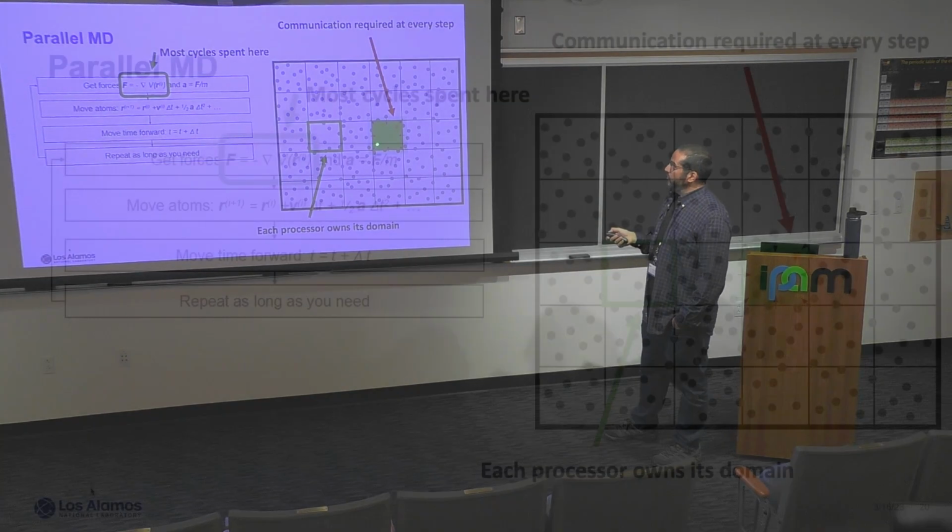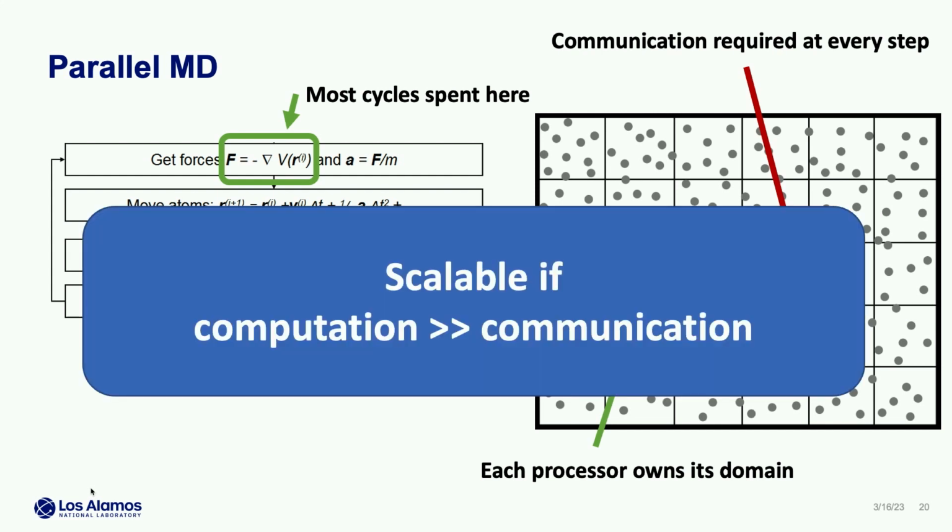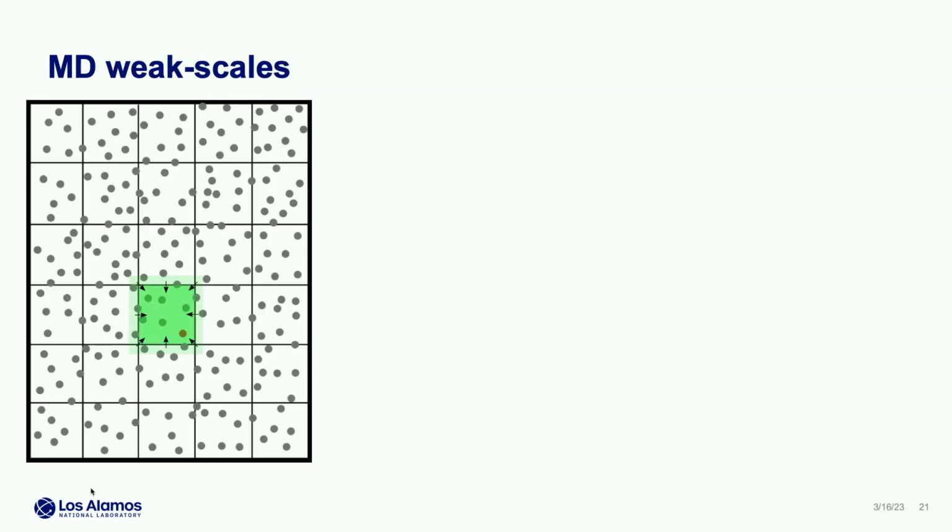So this is fine if you have a lot of work to do internally compared to how much it costs to talk to your neighbors. As long as you have way more computation than communication, you can arrange your code so that you're hiding communication under the hood. So this is what people exploit in these big runs, and this is why MD weak scales.